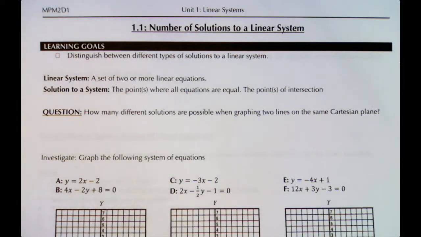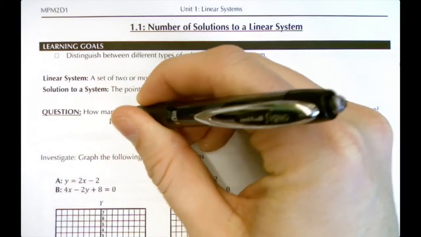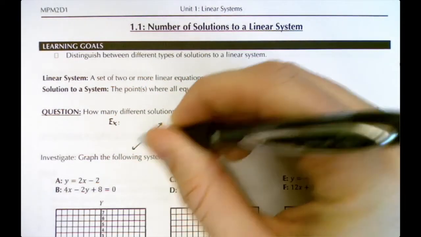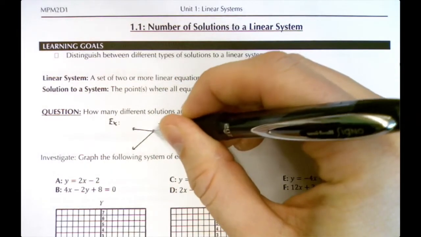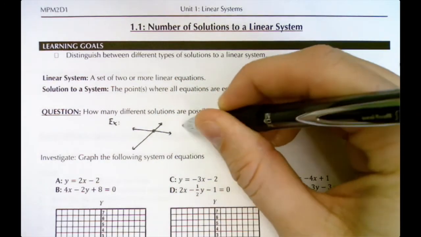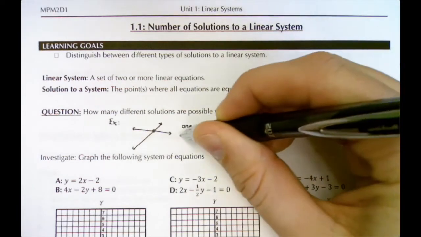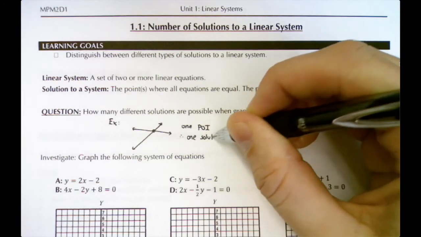So that means when we graph two lines, I'll give you one example. We could have a line that goes like this, and a line that goes like this, and we would have one point of intersection. So therefore, there's one solution.